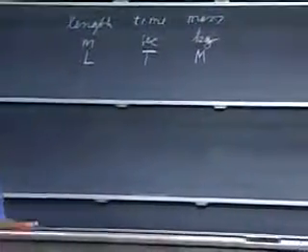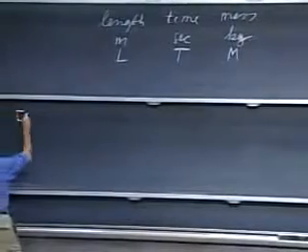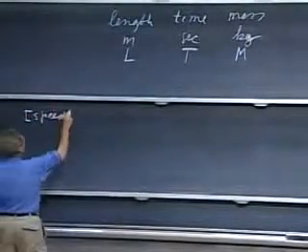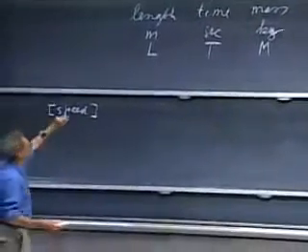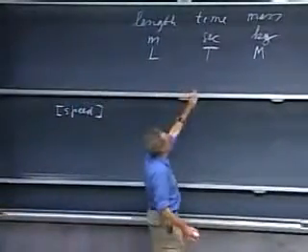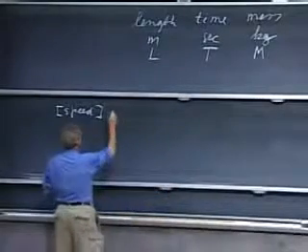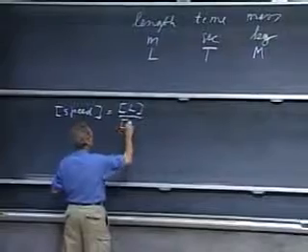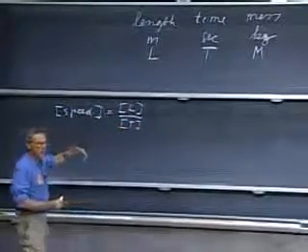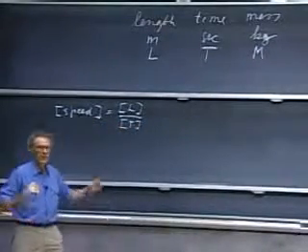I give you an example. I put a bracket around here. I say speed, and that means the dimensions of speed. The dimensions of speed is the dimension of length divided by the dimension of time. So I can write for that bracket L divided by bracket T. Whether it's meters per second or inches per year, that's not what matters.